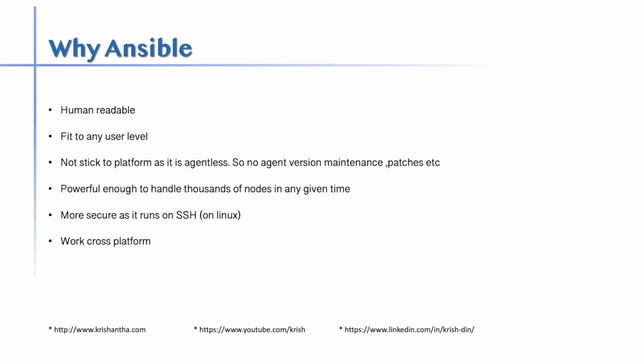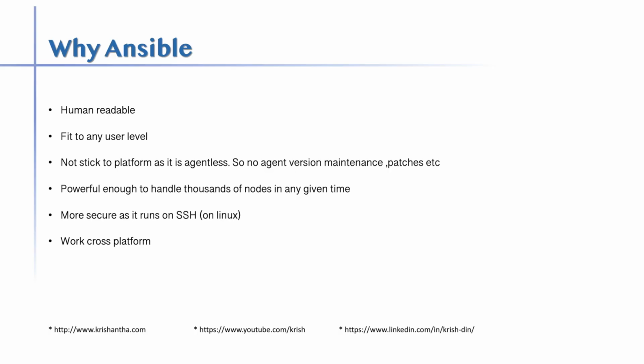Why? Because especially this is agentless. You don't need an agent, because this is a very cumbersome, very tedious task when you set up an automation framework or automation platform, because you need to run agents on each server, right? So then you need additional work. You need to make sure the agents are up and running. You need to make sure agents are patched properly, same version, so many things. But Ansible works without any agent.